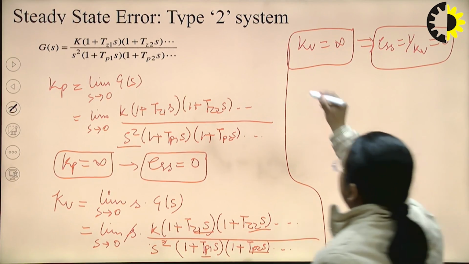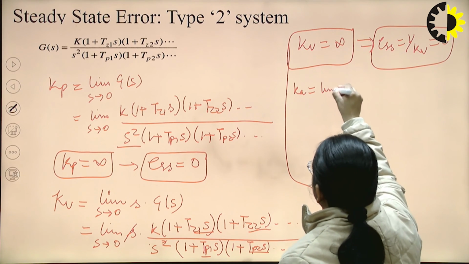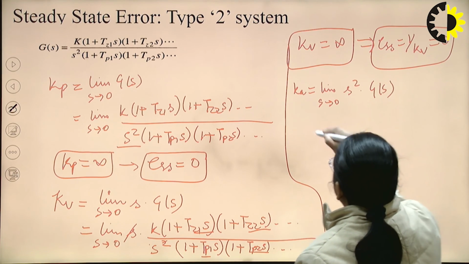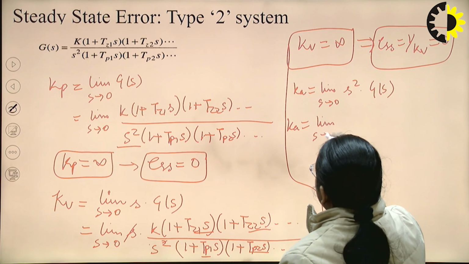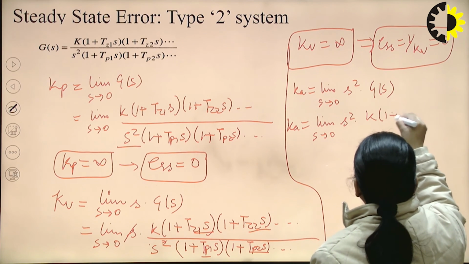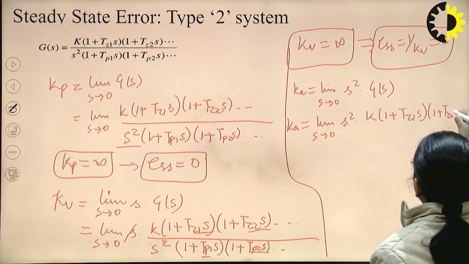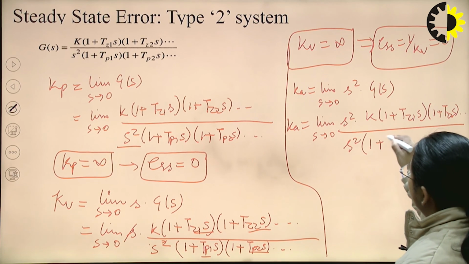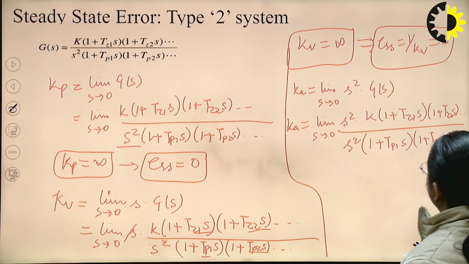Now we can calculate the value of Ka, the acceleration error constant, which is limit s tends to 0 of s square into G(s). Now here, s square into K(1+Tz1 s)(1+Tz2 s) and so on, upon s square into (1+Tp1 s)(1+Tp2 s) and so on.